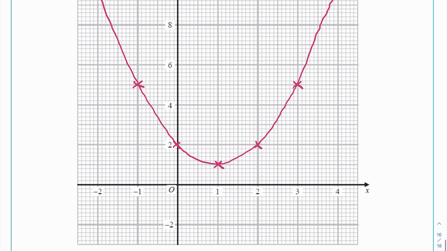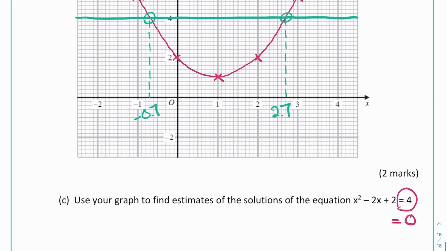So when we're doing that, instead of y equals 0, which is called the x-axis, we're going to draw the line y equals 4. And if we draw the line y equals 4 going across, it's asking us for the x values where these two lines intersect. So I just need to read those very carefully. So if I trace down to the x-axis, I've got one there, that looks like negative 0.7, and I've got another one just over here, and that is 2.7, and they're my two solutions.